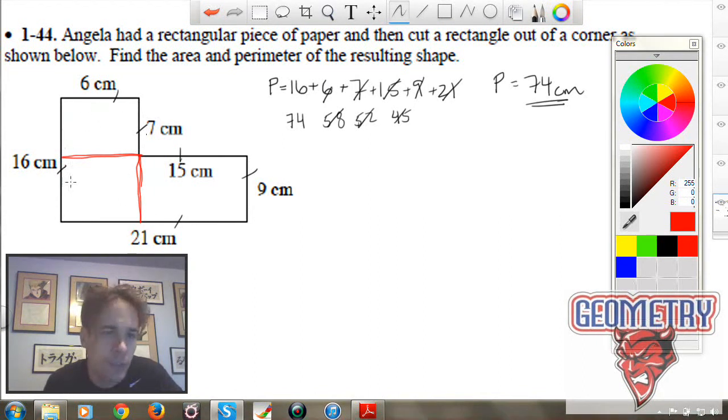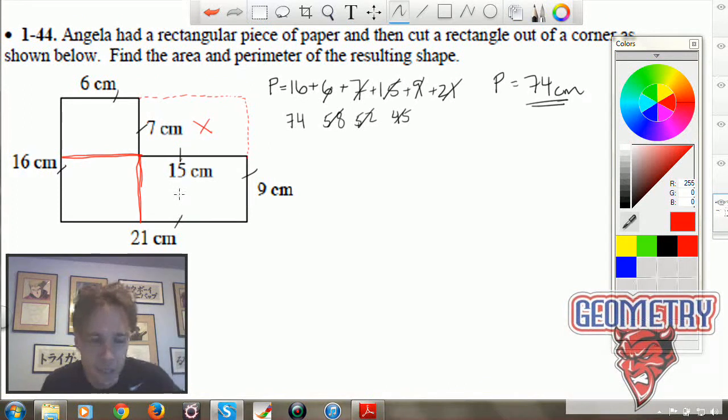Or we could have a 6 by 16 rectangle and then a 7 by 9 rectangle and add those pieces together. Or we could pretend that there's this whole big rectangle, the one that she started with, the rectangular piece of paper she had originally, and subtract off this piece that's missing. So find a total area and subtract off a 7 by 15 piece of paper.